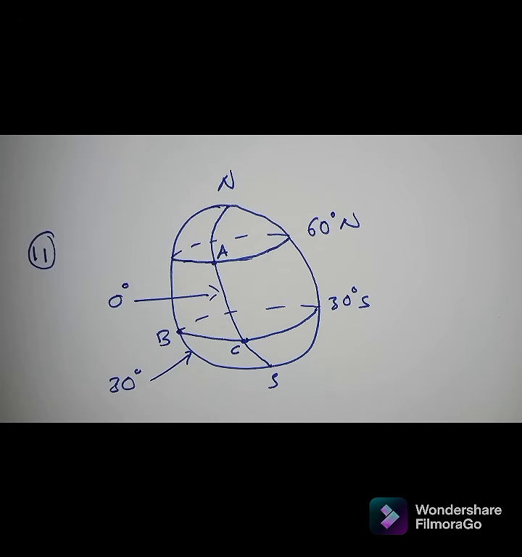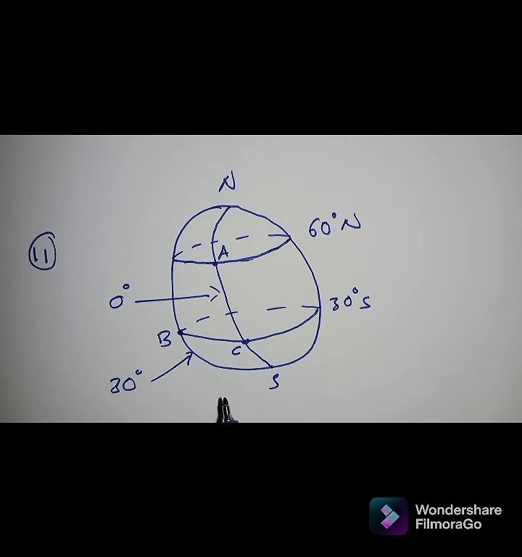So for question 11, we've been given this diagram where they have asked us to find the speed of a ship which took 26 hours to travel from B to C, a distance of 1,560 nautical miles.